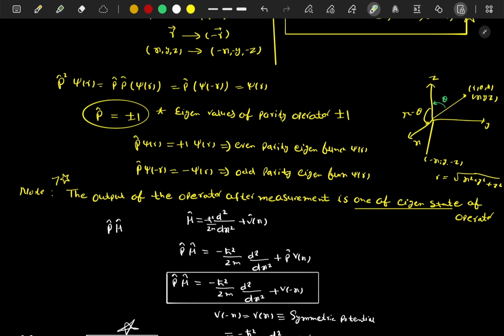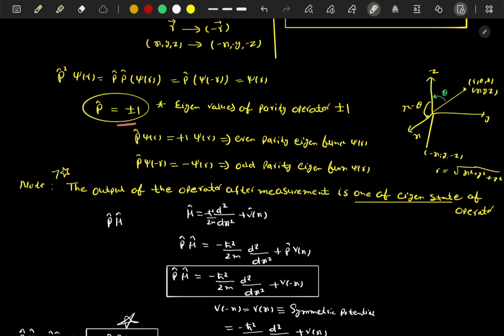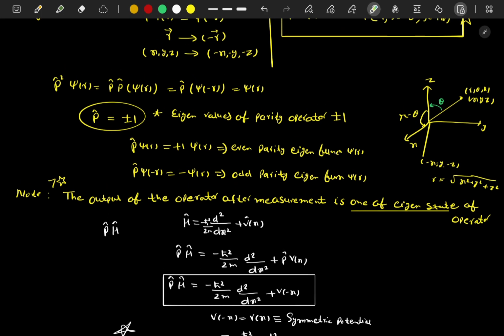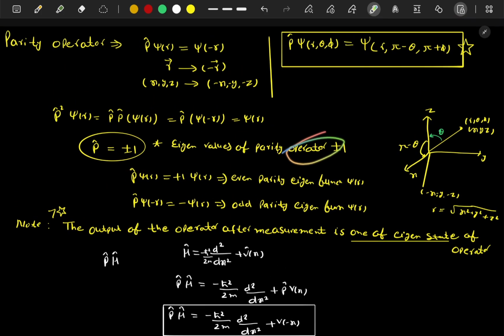So P squared is P cap, and P cap psi of r equals psi of minus r, which again gives positive r. That means the eigenvalue of P cap is plus or minus 1. If P cap gives plus 1, that is even parity. If it gives minus 1, then it is odd parity. So the eigenvalues are plus or minus 1.